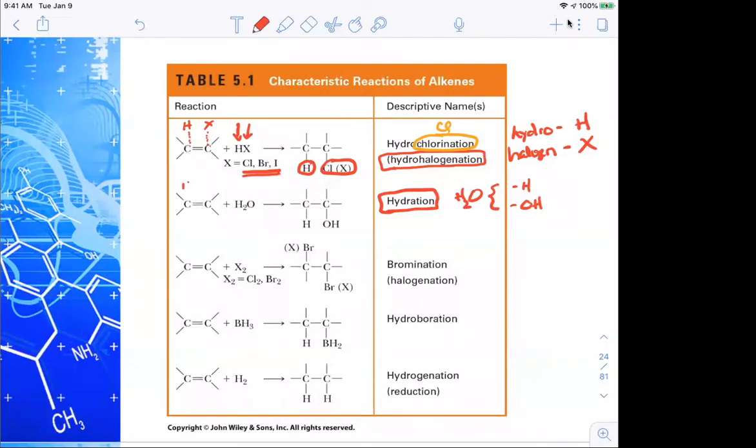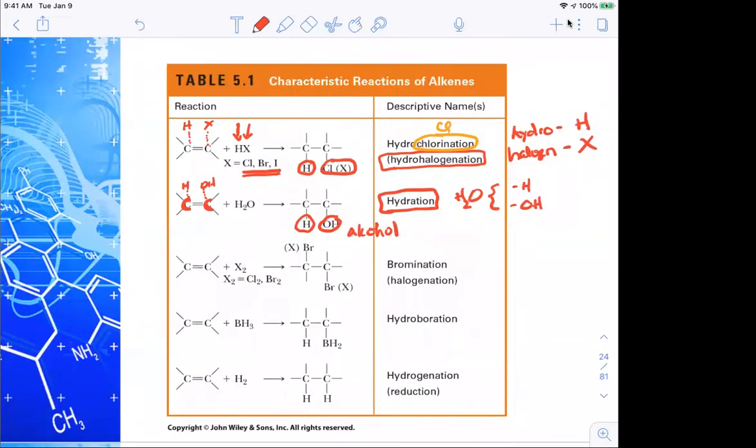So I'm going to add an H and an OH to this double bond. And what I end up with is this alcohol. So I form an alcohol here when I do this hydration across the double bond. So see, I have the hydrogen to one of the carbons and the OH from water at the other carbon, and I have added water across the double bond.